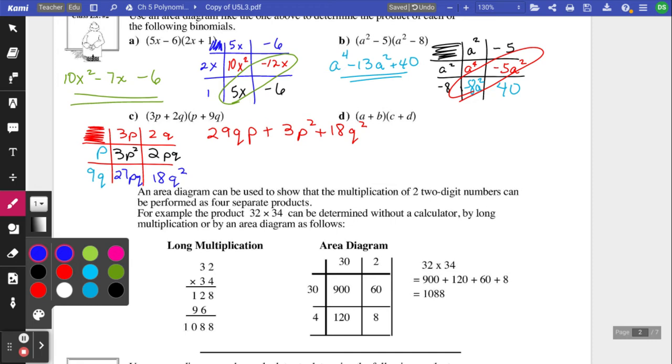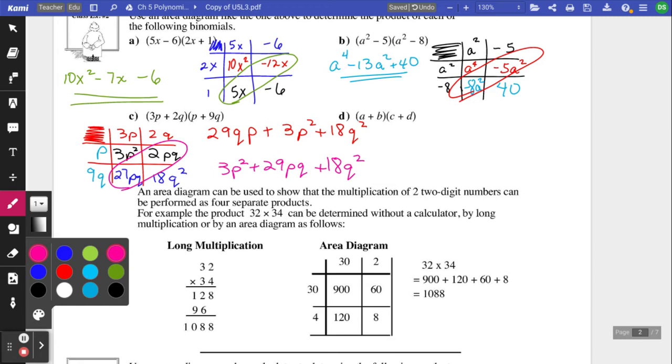Does that make sense? And then last step is just combine your PQ terms together. So I would copy down 3P squared plus 29PQ plus 18Q squared. Make sense? Does that help, Paige?